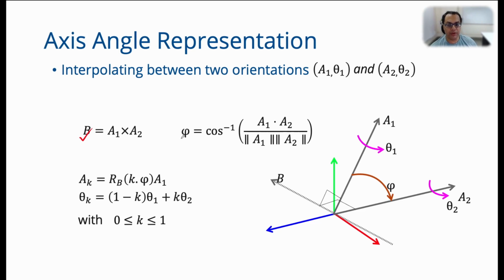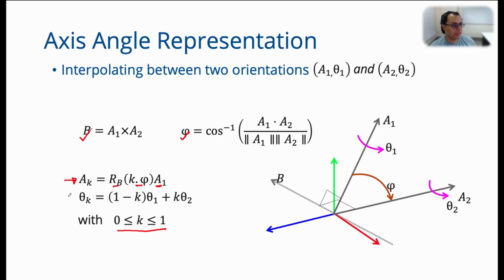And then you will figure out an angle phi, that is the angle between the two axes A1 and A2. Now, the interpolated axis between A1 and A2 can be obtained as AK, which is rotation about the axis B by K times phi starting from A1. And what is K? K is your parameter of interpolation. So K is going to range from 0 to 1.